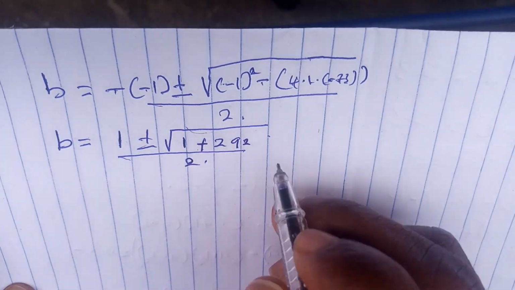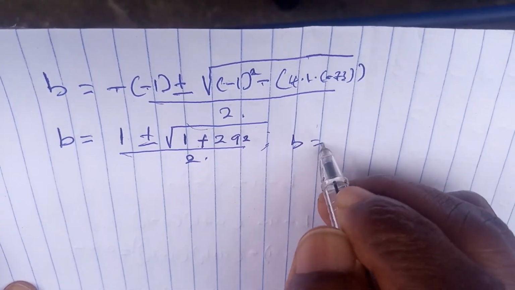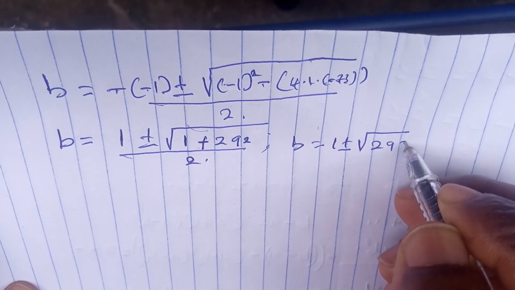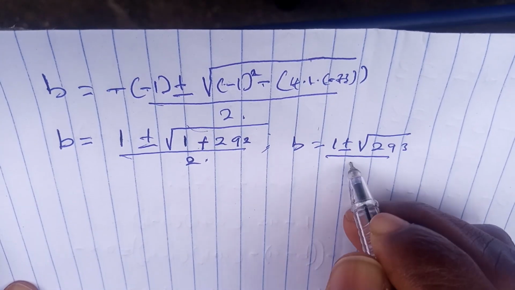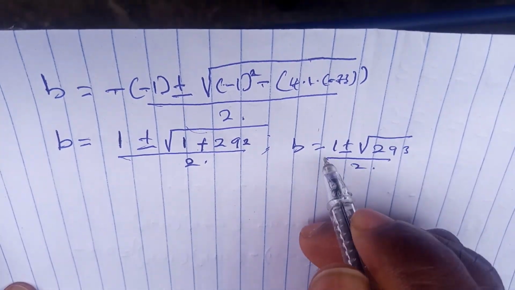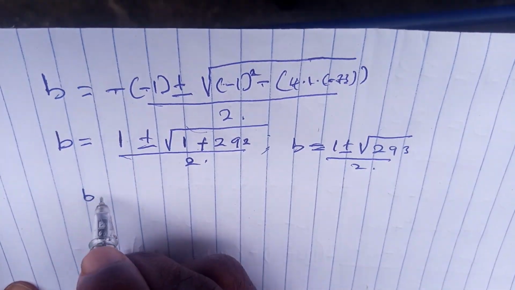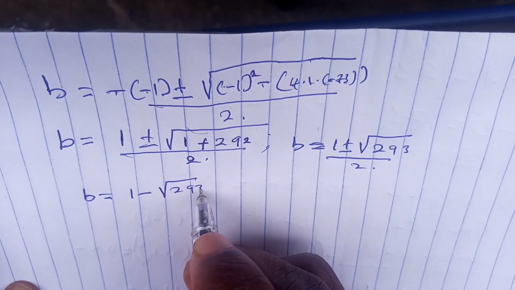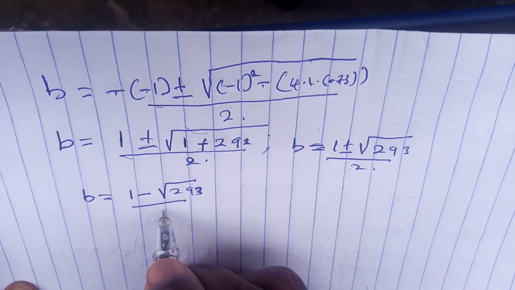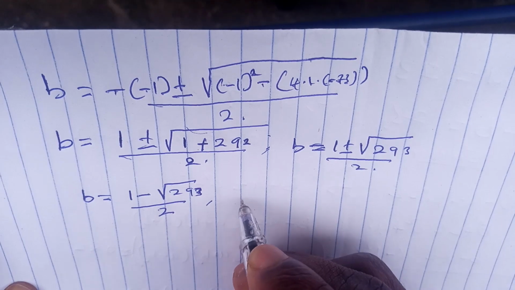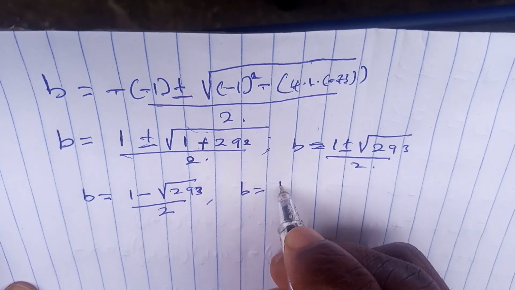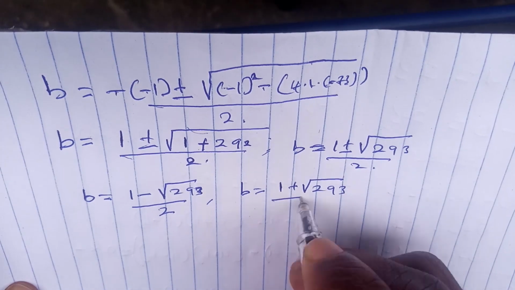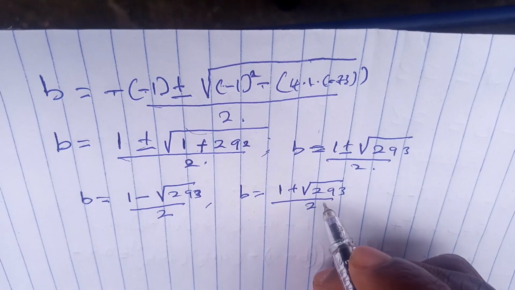So if you sum them up, therefore our b is equals to 1 plus or minus the root of 293 divided by 2. As you can see here, we are having two values. So therefore our b is equals to 1 minus root of 293 divided by 2, and b is also equals to 1 plus root of 293 divided by 2.